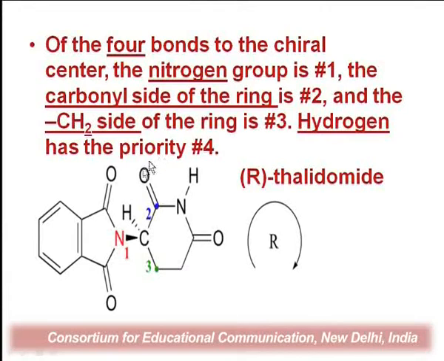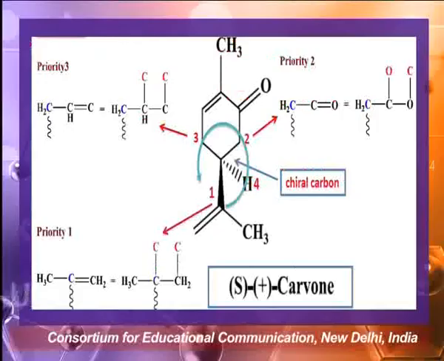But this group has higher priority since the carbon is attached to 2 oxygens, and you know, when there is a double bond, we duplicate the atoms. So this group has higher priority over this. Now when we look at the molecule, again our eye is traveling in clockwise direction, that is from group number 1 to group 2 and group 3. So this molecule again has R configuration.